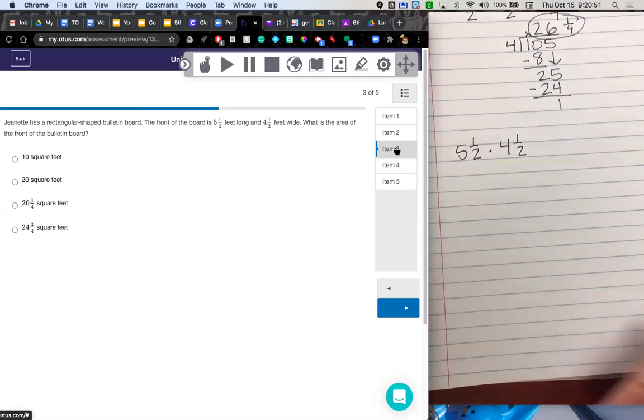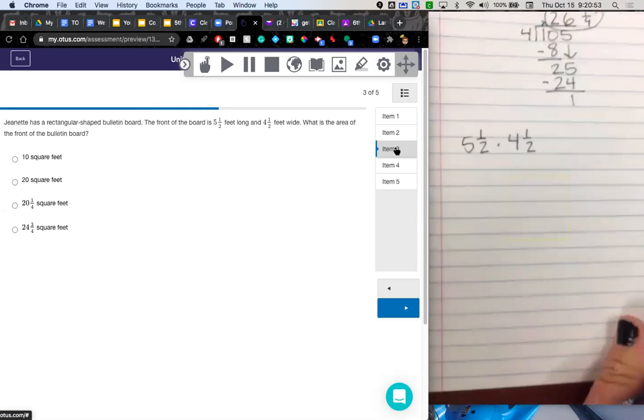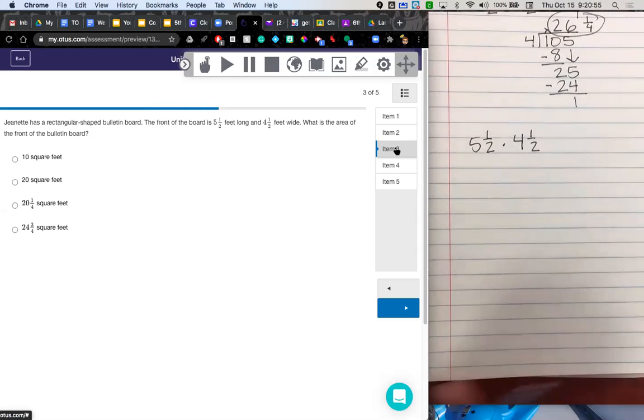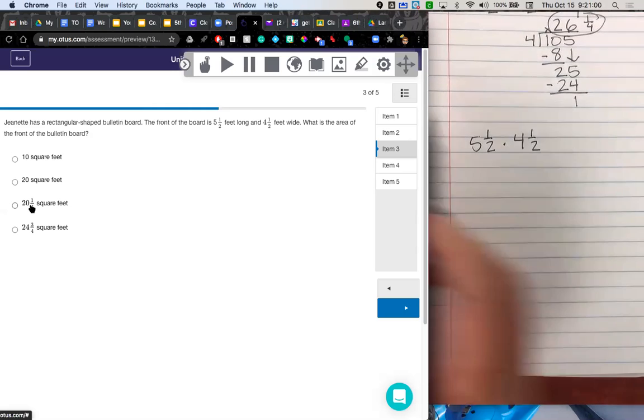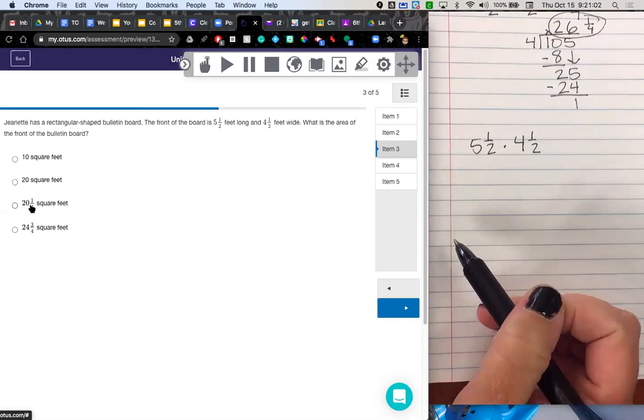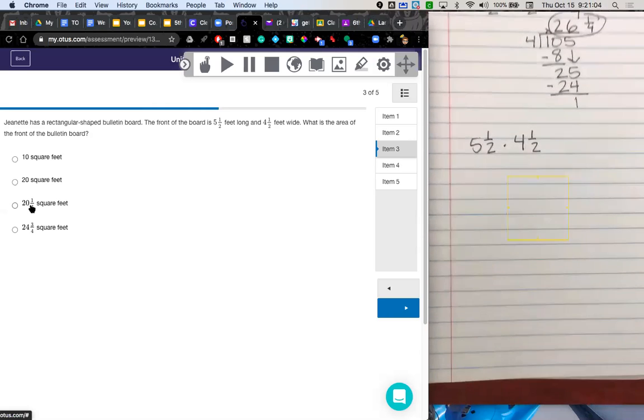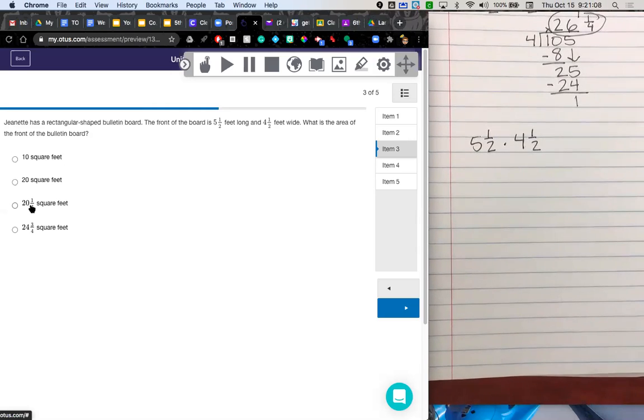Okay. Again, I can't multiply these the way they look now. If you chose the third answer, this 20 1/4, then you probably did 5 times 4 is 20. Half times a half is a fourth. That's not how we multiply fractions, guys. You cannot do that, okay?